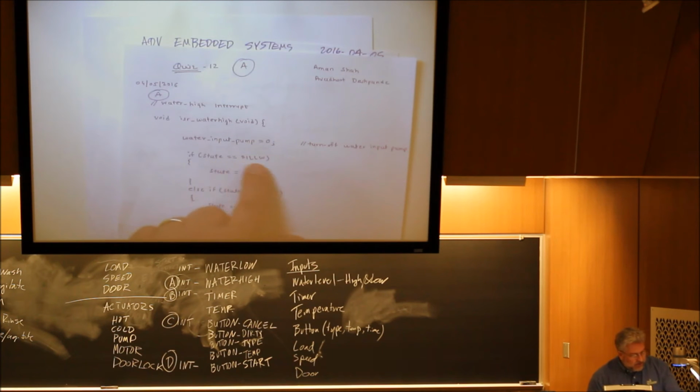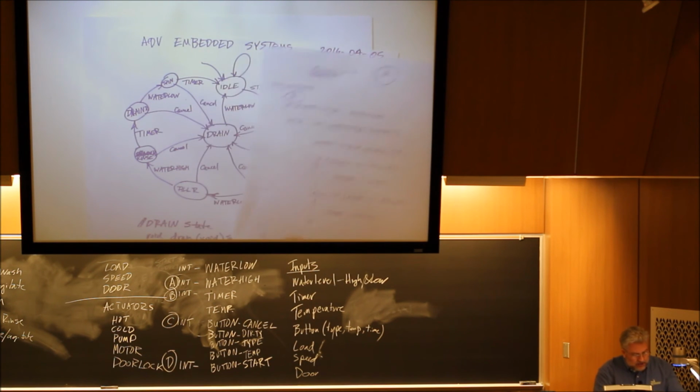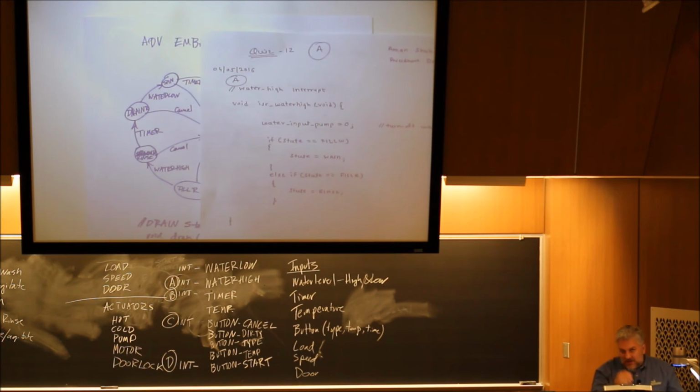If state is equal to fill W, so let's go back to our fill W, then you're going to go to state equal wash. Else if state equal fill R, then state is rinse. What happens if you're not either of those two states? Only those states will be calling that.